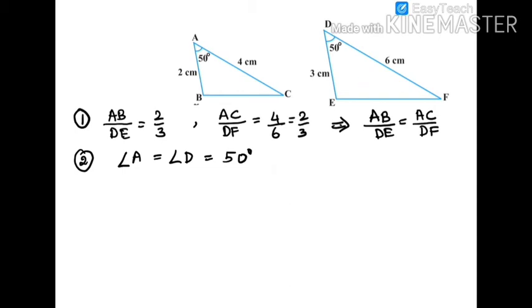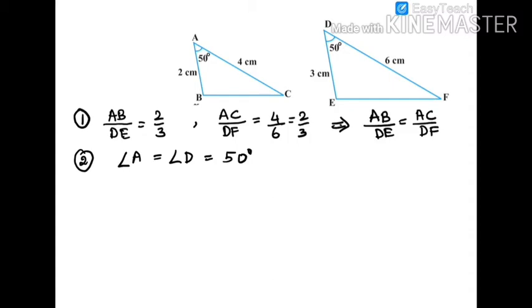But what was the minimum information that was given to us? Two corresponding sides are proportional and an included angle is equal. Notice that this angle is included between the proportional sides.